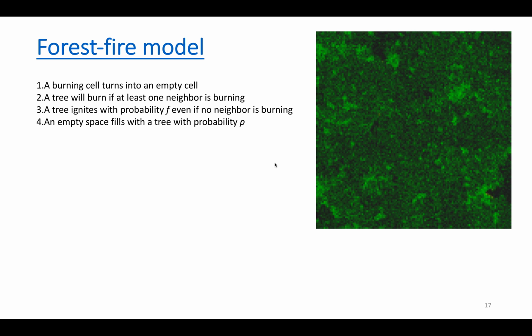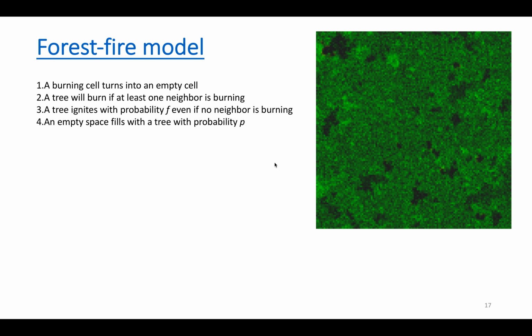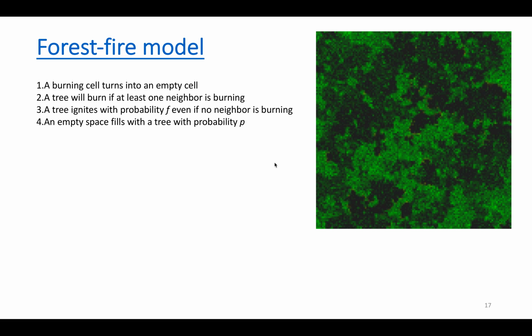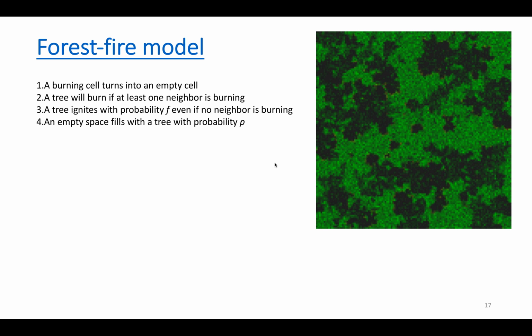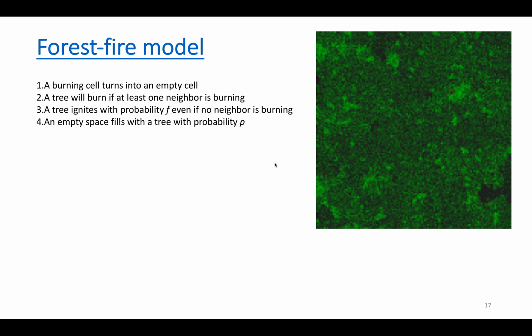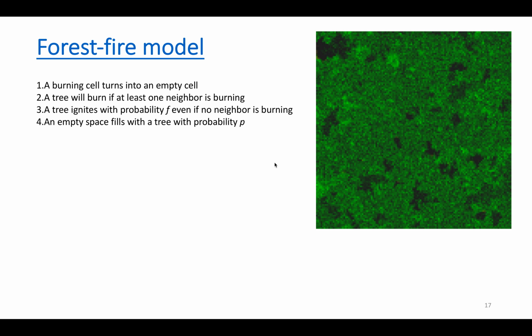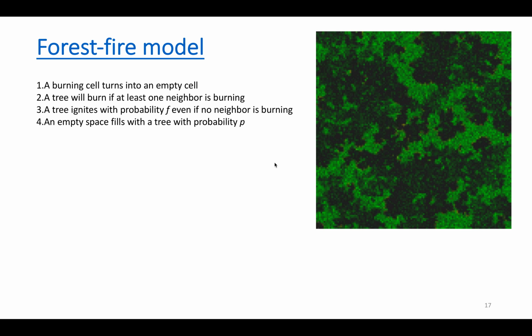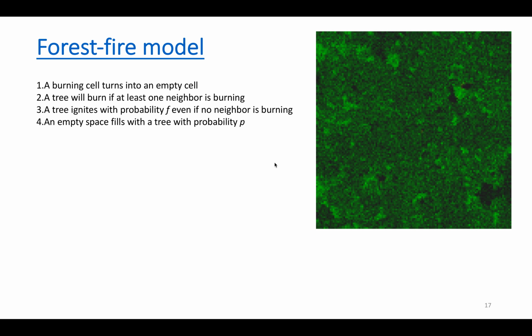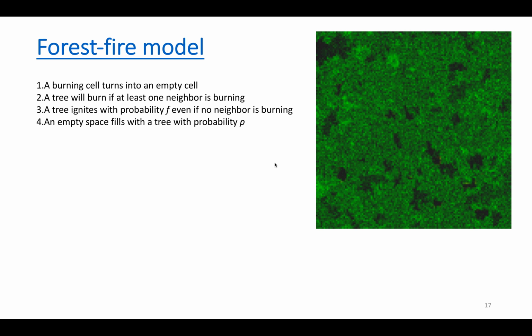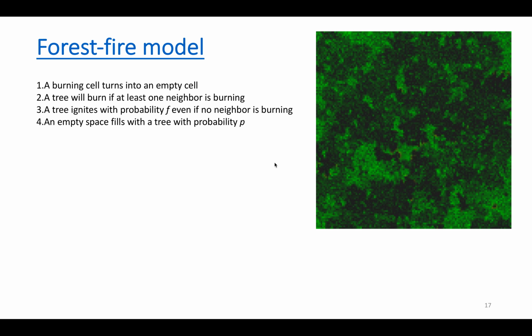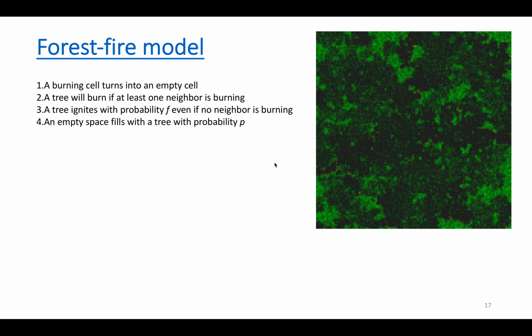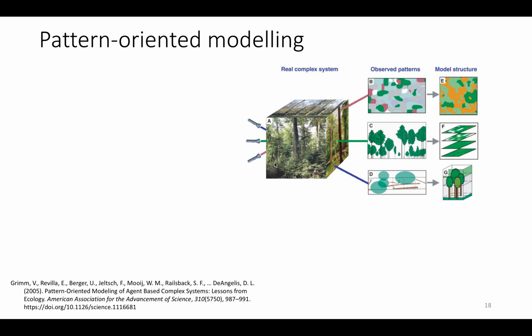Here's a different kind of cellular automata model where we try to predict how forest fires behave. Basically, trees have a bigger chance of catching fire when a neighboring tree catches fire. And you see the light green colors indicate how old the trees are that you see there. And we could compare this with reality by looking at patterns we see in nature. This is called pattern-oriented modeling.